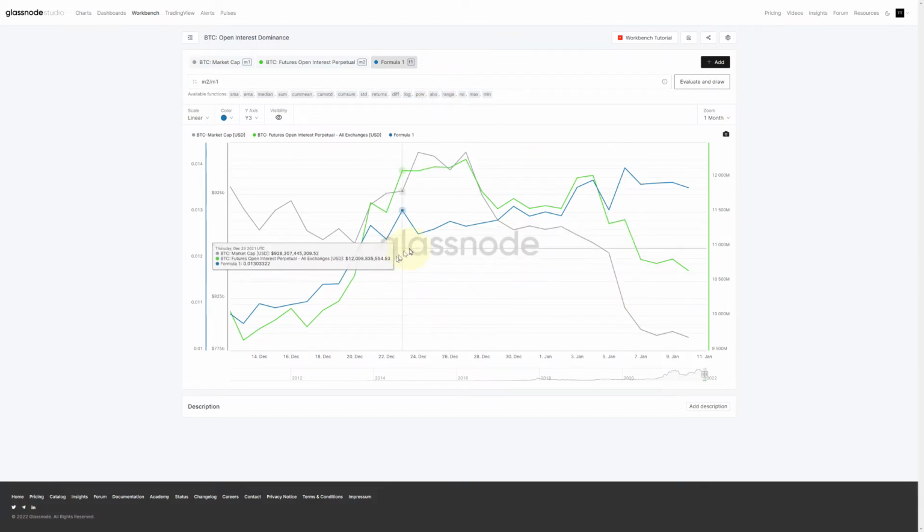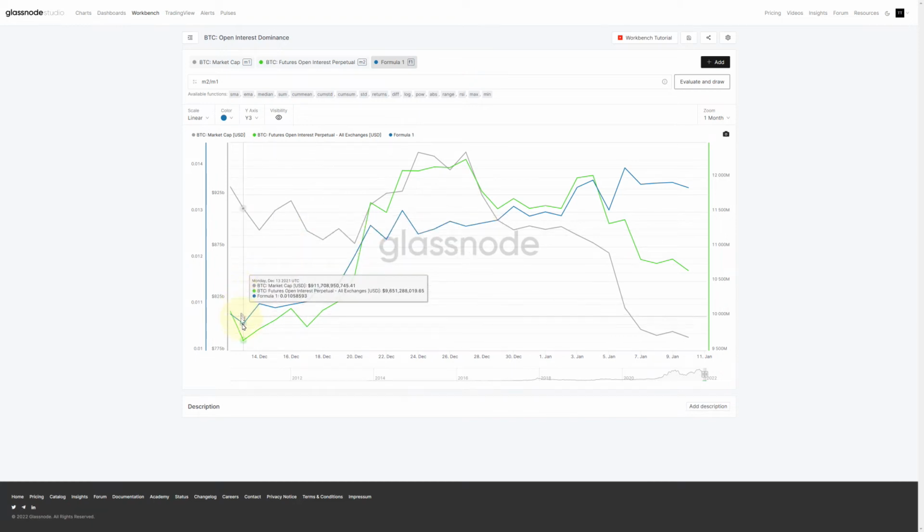Let's zoom into this chart, which is the same chart, but it's zoomed in. And this is on a time frame of 1 month. So the entire graph is 1 month. Let's just check out the last few days. The gray line here is the market cap.